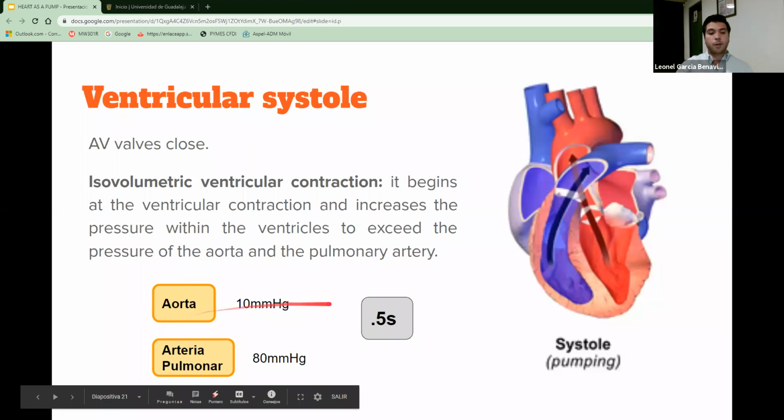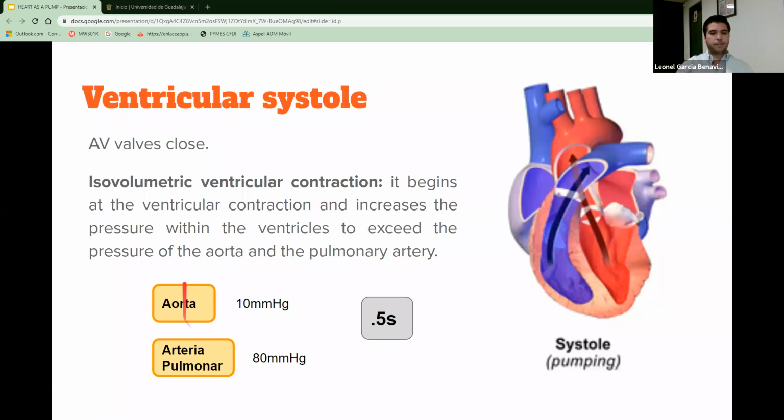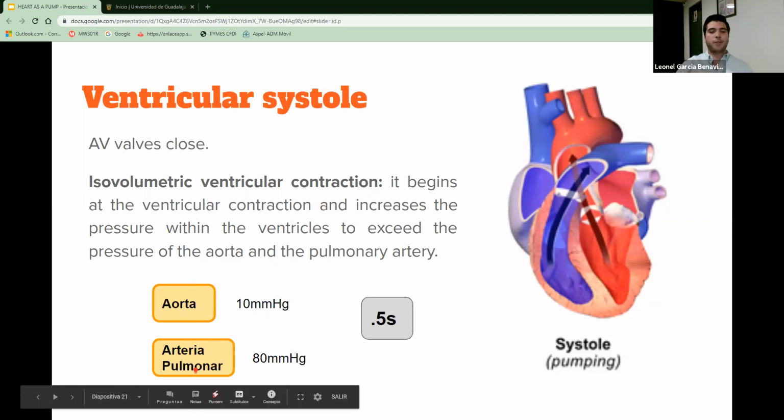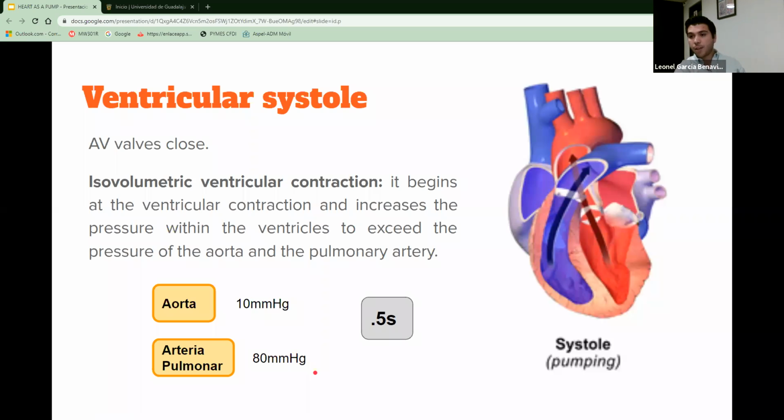So the aorta, here it's backwards. The pulmonary artery has less resistance than the aorta. I'm sorry. The aorta is going to have an average of 80 millimeters of mercury of pressure. So the left ventricle has to contract to somewhere over 80, so blood can be pushed out.